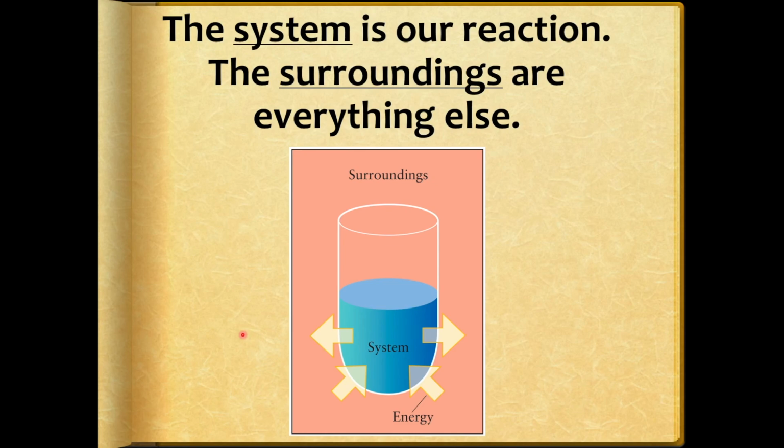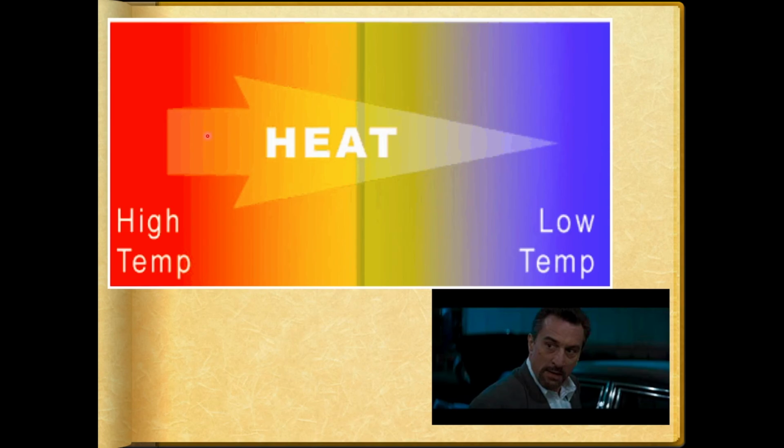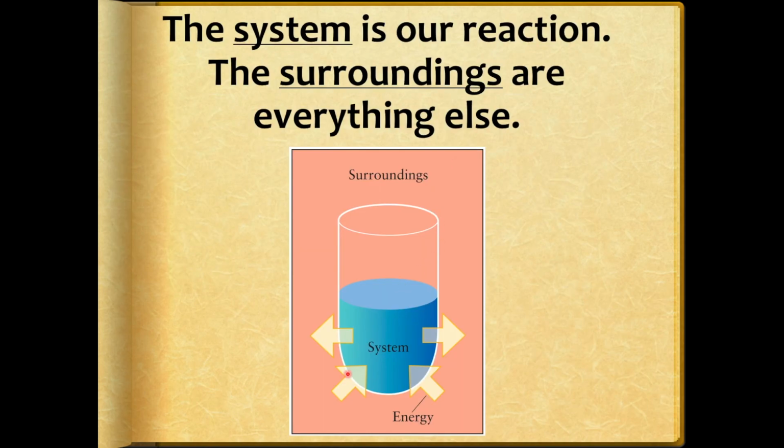Because heat is always the transfer of something going from a high temperature to a low temperature. That is what heat is. It's heat moving from one thing to another thing. All right. And heat is dependent on mass, so it's an extensive property.